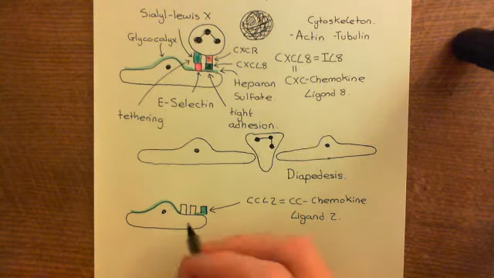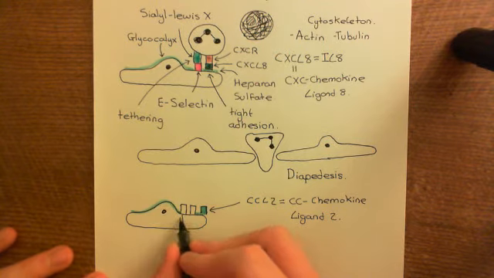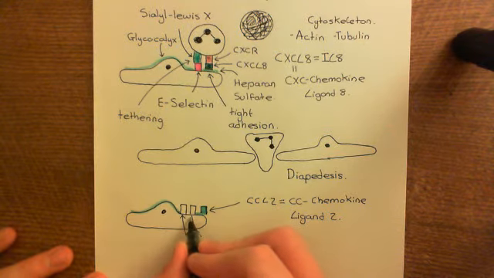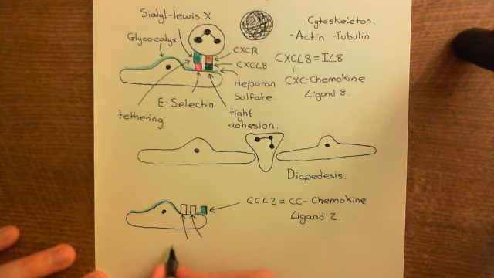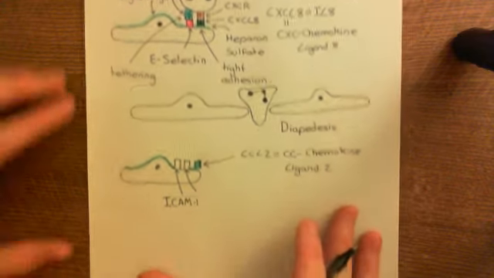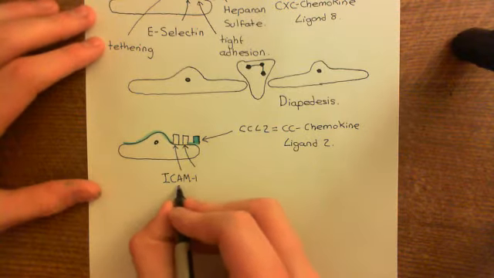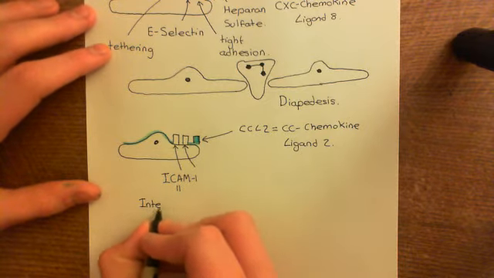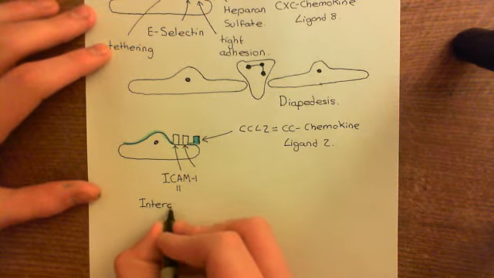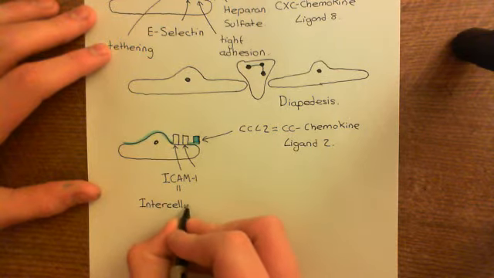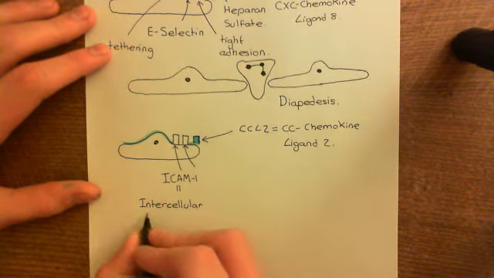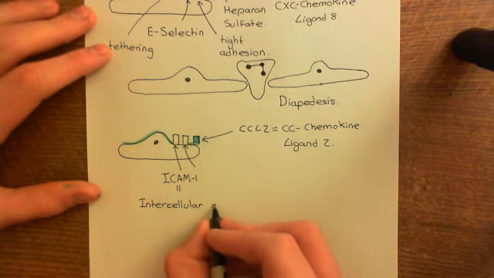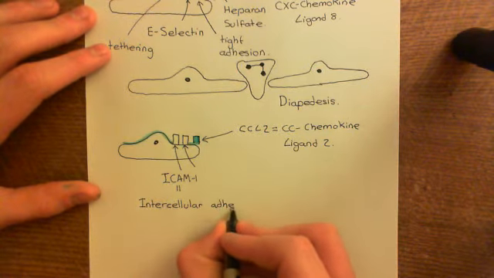Then these other two proteins represent ICAM1, which means intercellular adhesion molecule 1. This is the exception to the rule of CAM. Well, it's only a minor exception. CAM usually just means cell adhesion molecule, but this time it means intercellular adhesion molecule, so a slight difference.